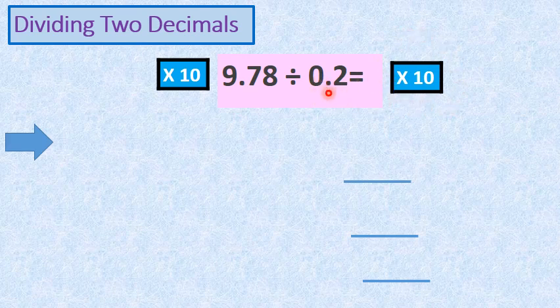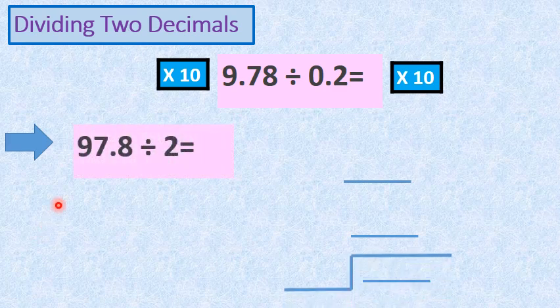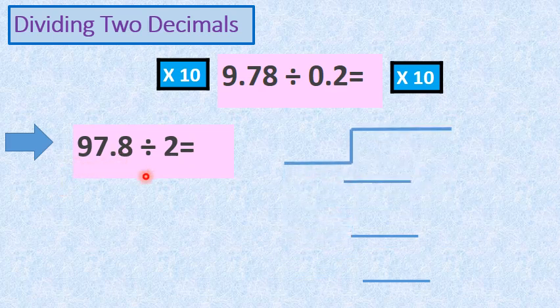Since I multiply the divisor by 10, I should be multiplying the dividend by 10. So the new question would be 97.8 divided by 2.